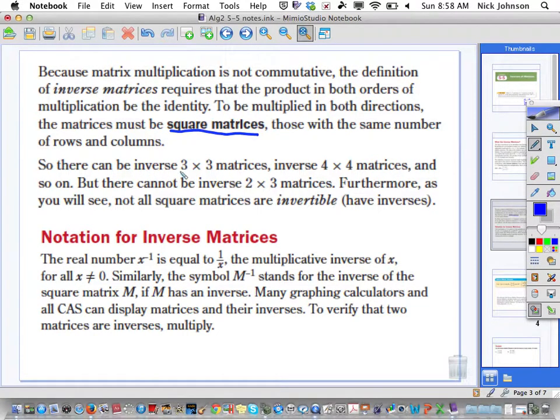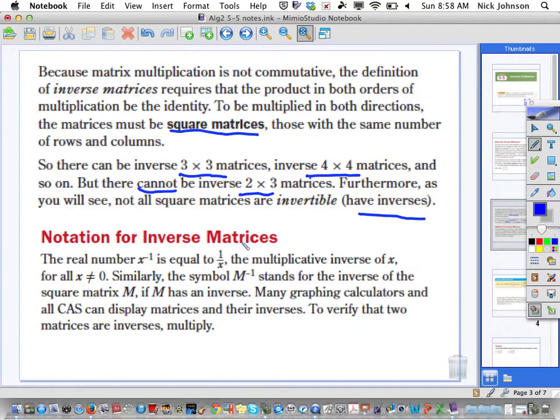So an inverse can be a 3 by 3 matrix, a 4 by 4 matrix, but you can never have a 2 by 3 matrix have an inverse. Cannot happen. Furthermore, as you will see, not all square matrices are invertible. Not all of them have inverses. So we've got to check this out.